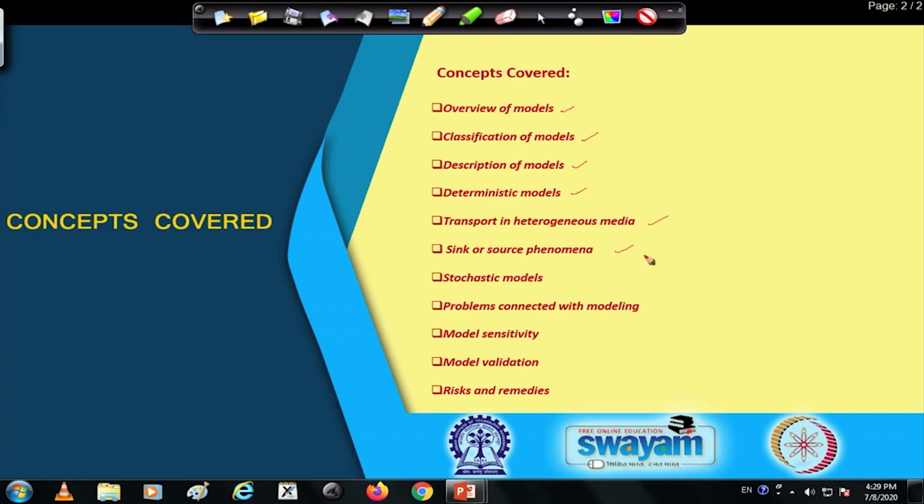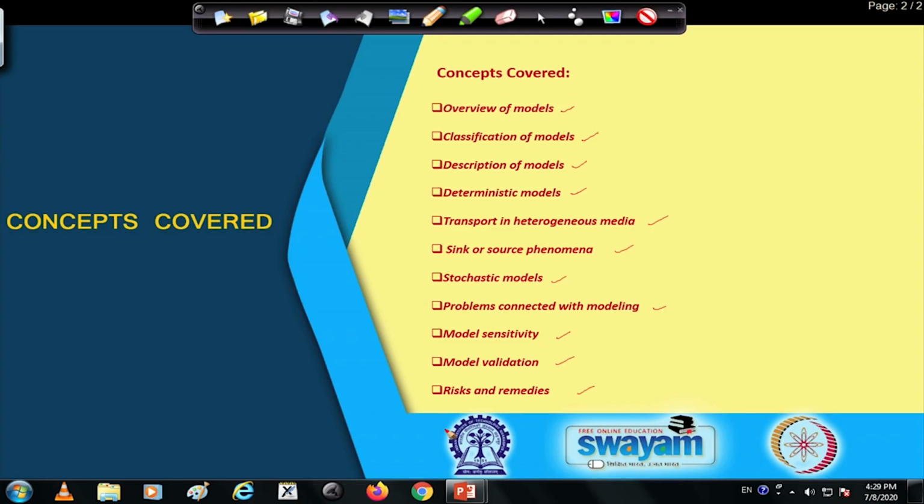Once we complete sink and source phenomena, we will be discussing the stochastic model, and once we cover the stochastic model, we will discuss the problems connected with the modeling process of the fate of pollutants, and then we will be talking about model sensitivity, model validation, and then the risks and remedial measures. So, this is in a nutshell the major concepts which we are going to cover.